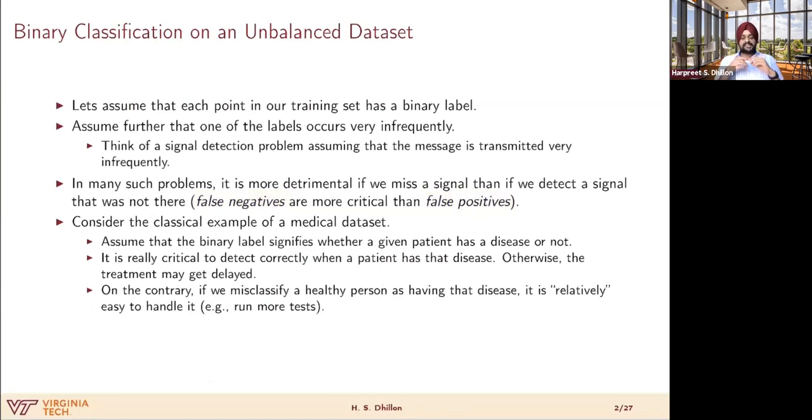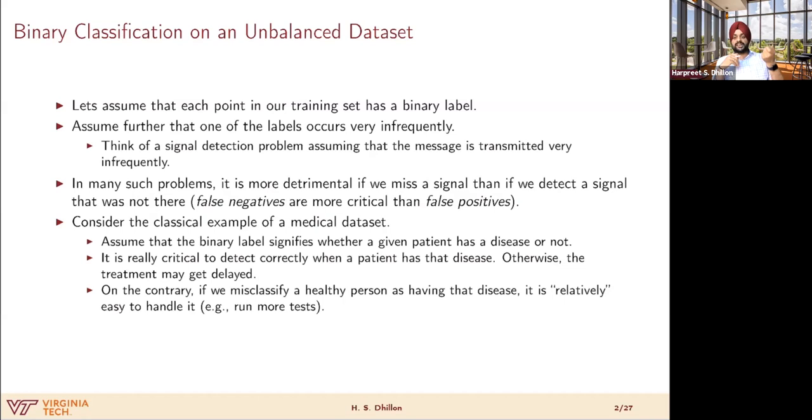There is actually a nice analogy of this setting with a medical data set. Assume that we have binary labels in a patient data set, which signify whether a given patient has a disease or not.